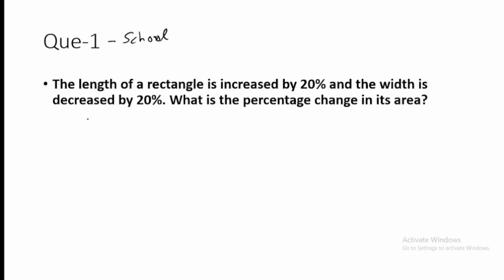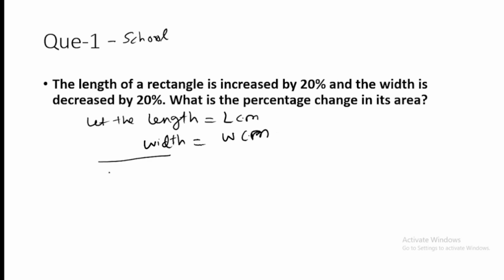So for school maths, let the original length be L centimeter. Similarly, let the width be W centimeter, you can say B centimeter also, because breadth is the same thing.